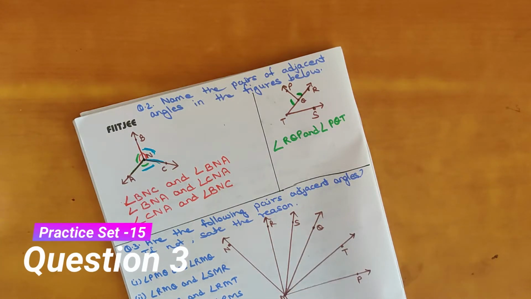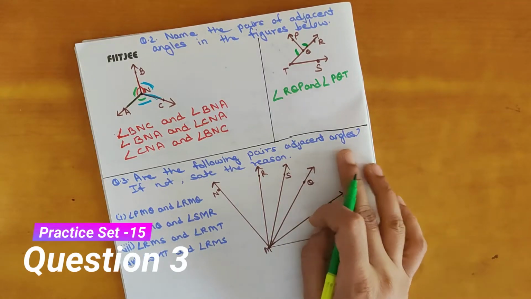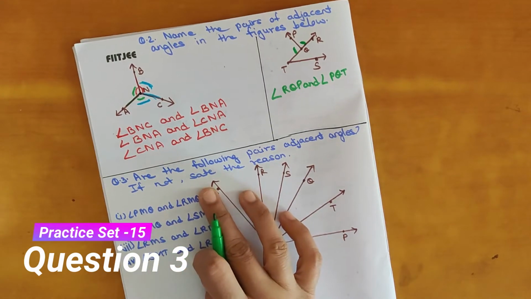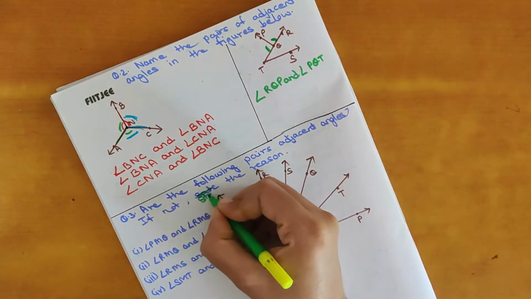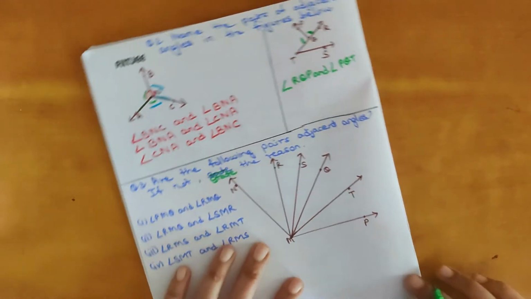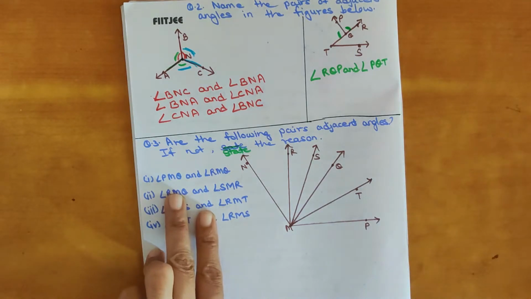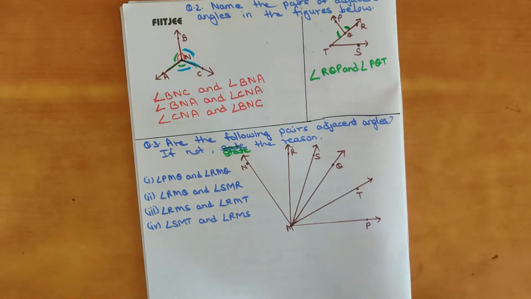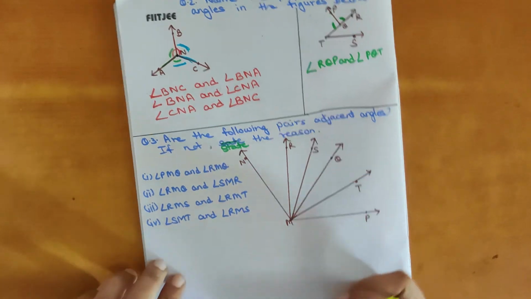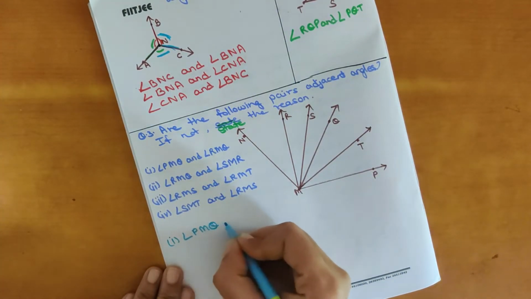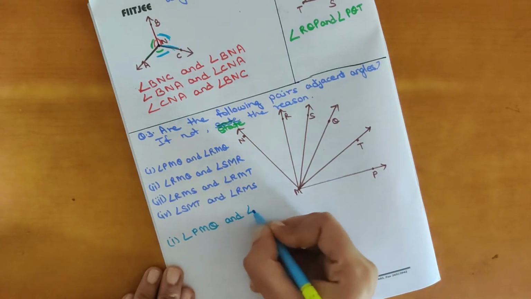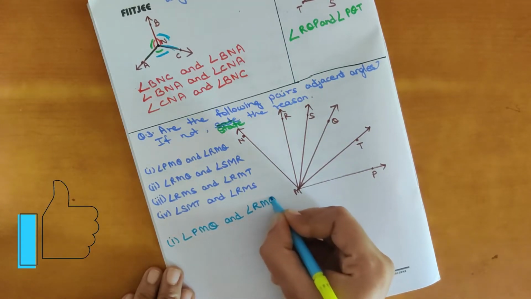Now the next question: are the following pairs adjacent angles? If not, state the reason. First one is angle PMQ and angle RMQ.